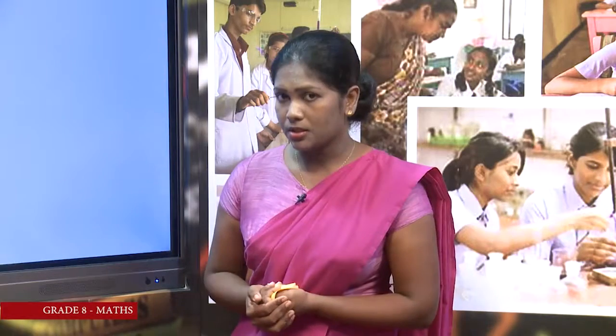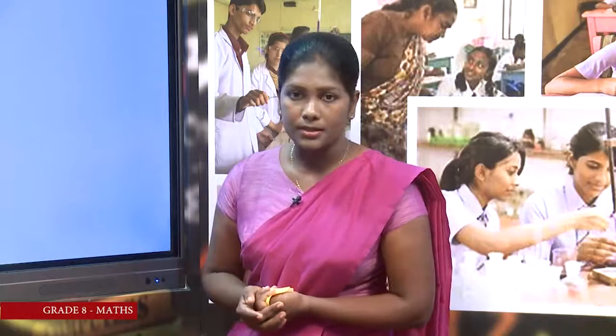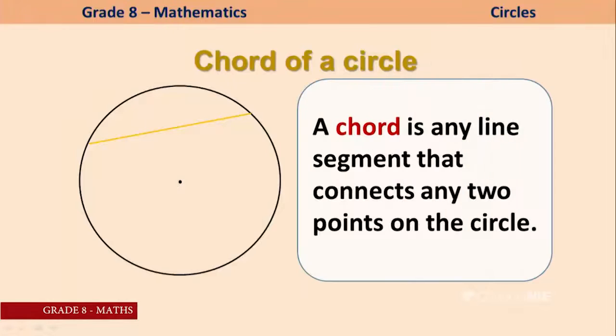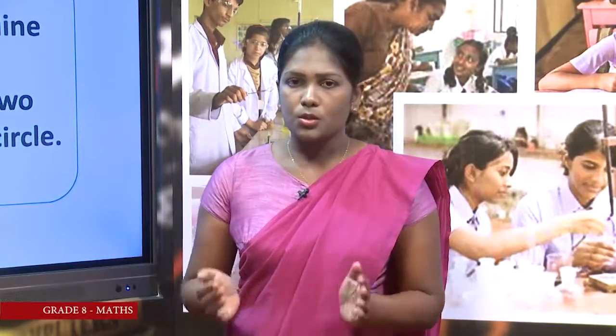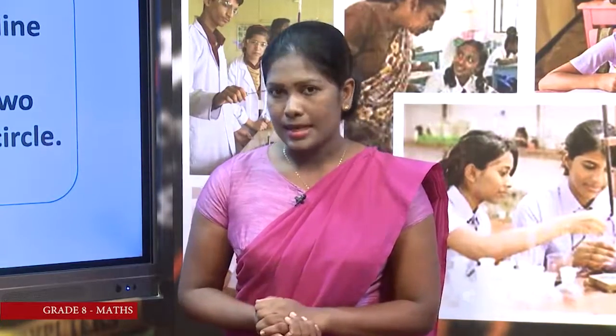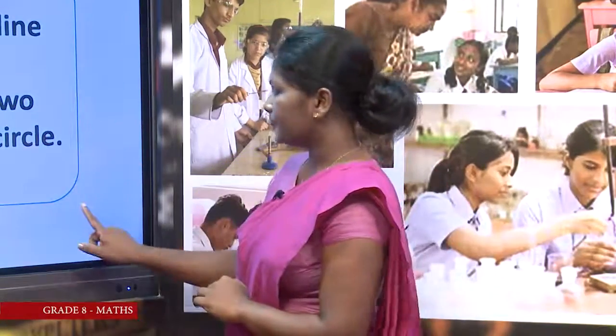There is a line segment. This line segment we can call chord. What is the definition? A chord is any line segment that connects any 2 points on the circle. Okay children, now you know what is the chord. So, we move to the next slide. Look at that.